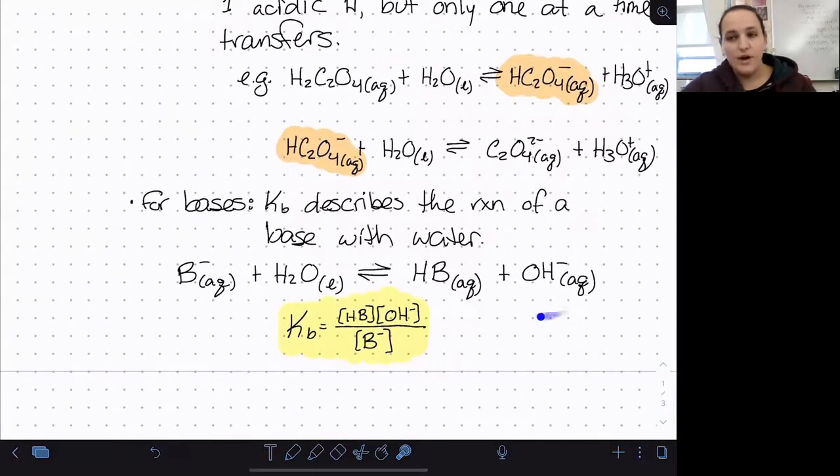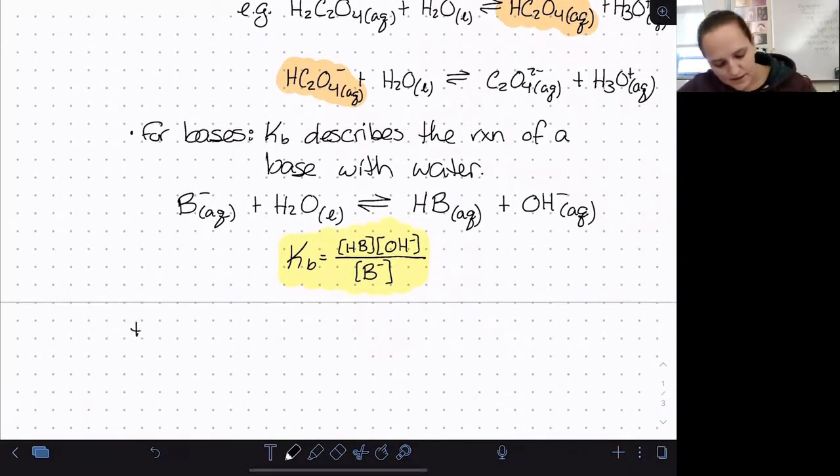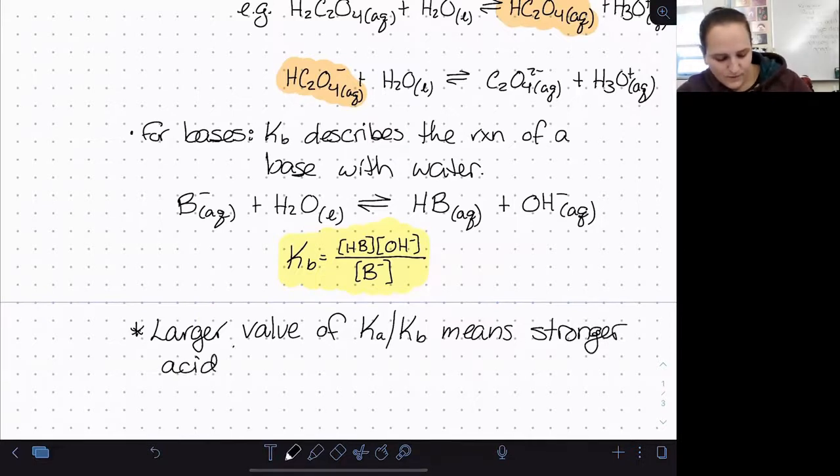So the more products we're forming, the more ionized we say that substance is, which means that our product concentrations would be larger, giving us a larger value for Ka or Kb when we have a more highly ionized substance. So more ionization means a stronger acid or base. So a larger value of Ka or Kb means that something is a stronger acid or base, respectively.